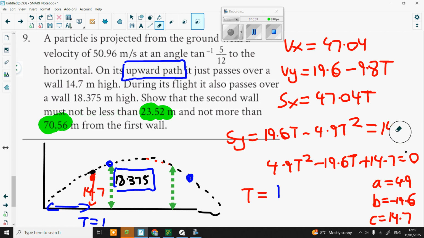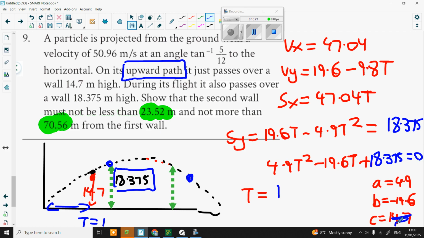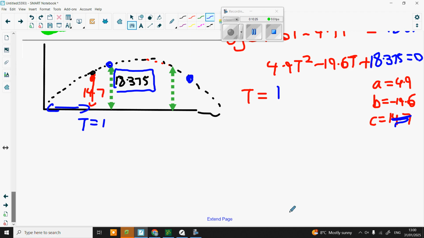Instead of 14.7, what am I going to change that into? 18.375. And you're going to use the exact same minus B equation you used a second ago, except you're going to change 14.7 into 18.375. We're going to reuse our work, and we should be able to get 2 times out pretty quickly because you already have all the workings in your calculator.